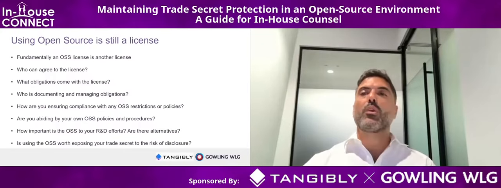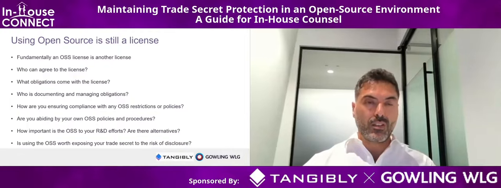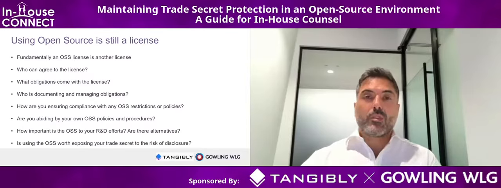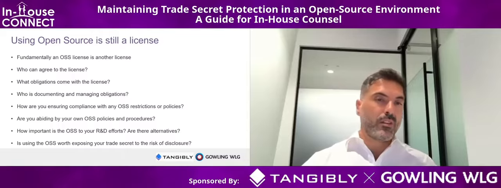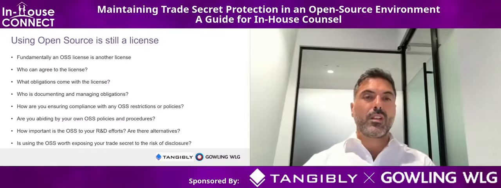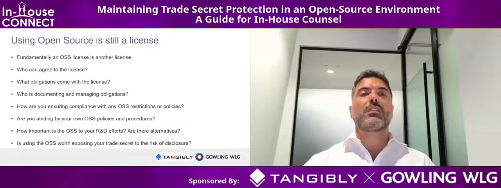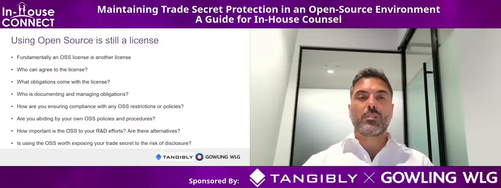Are they exploring what alternatives exist out there instead of the open source in question? And most importantly, if the research and development effort involves the use of some of your trade secrets, what is the risk of exposure, of disclosure of that trade secret given the use or incorporation of the open source?